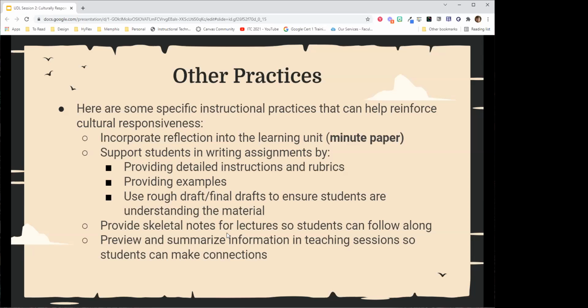We can also support our students in writing assignments by providing detailed instructions and rubrics. You're going to hear that a lot as we talk about universal design, because those are the types of things, pardon the dog in the background, that allow our students to really connect and understand their expectations. Another piece that would be really helpful, especially for students from multiple cultural backgrounds, is providing a multitude of examples.